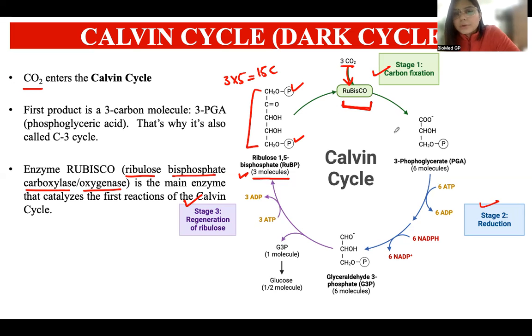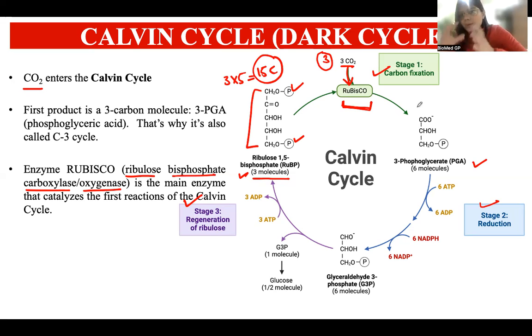And how is it going to do that? It's going to attach to the carbon dioxides and split the bigger molecules into shorter 3-phosphoglycerate molecules. So you see, we started with 15 carbons and we got 3 carbons from the carbon dioxide, so a total of 18 carbons.